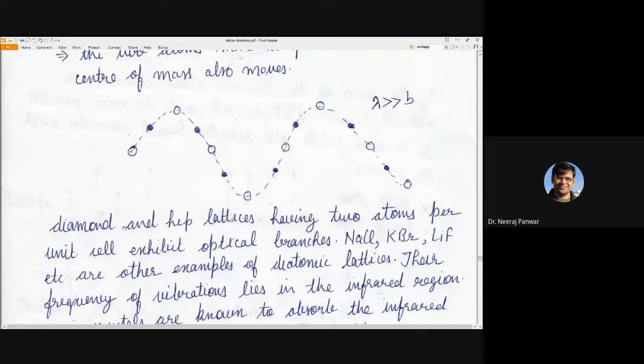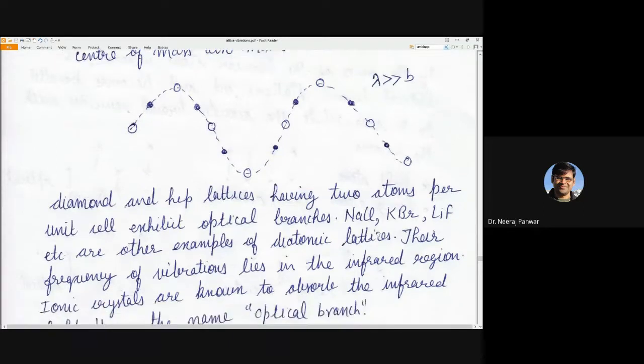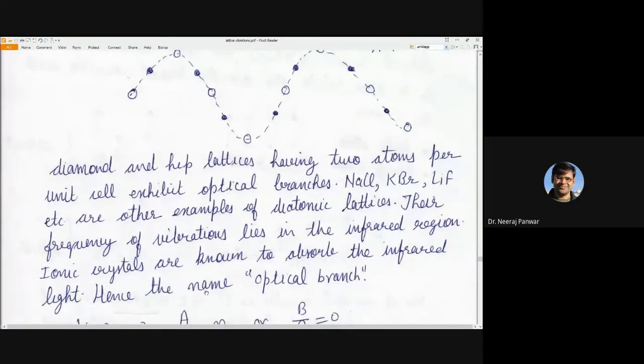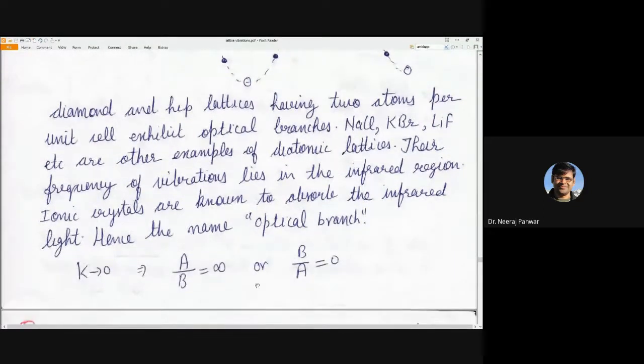So we will get some difference in the dispersion curve if we compare diamond, germanium, silicon with that of ionic crystals. The frequency of vibrations of these diatomic molecules lies in the optical region. Ionic crystals are known to absorb infrared light, and hence the name optical branch.